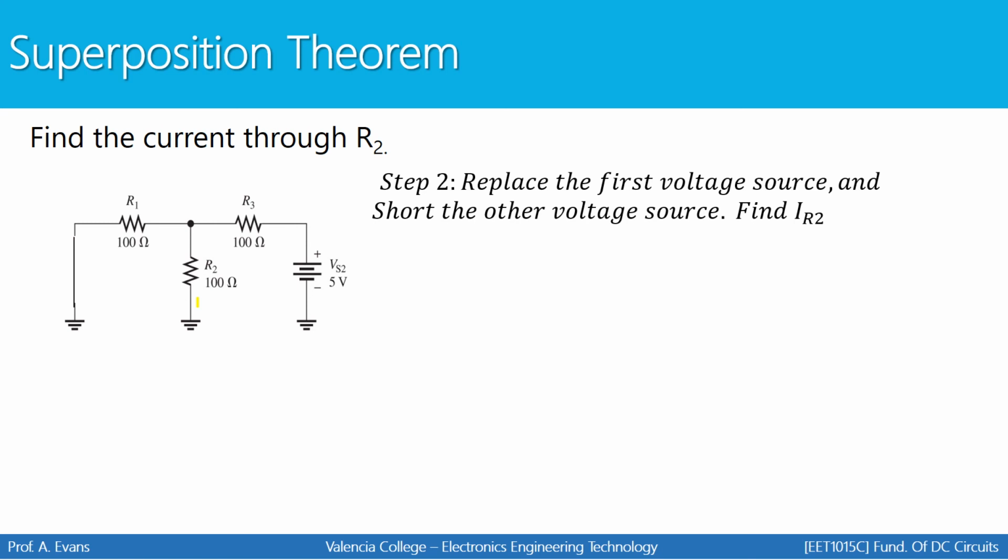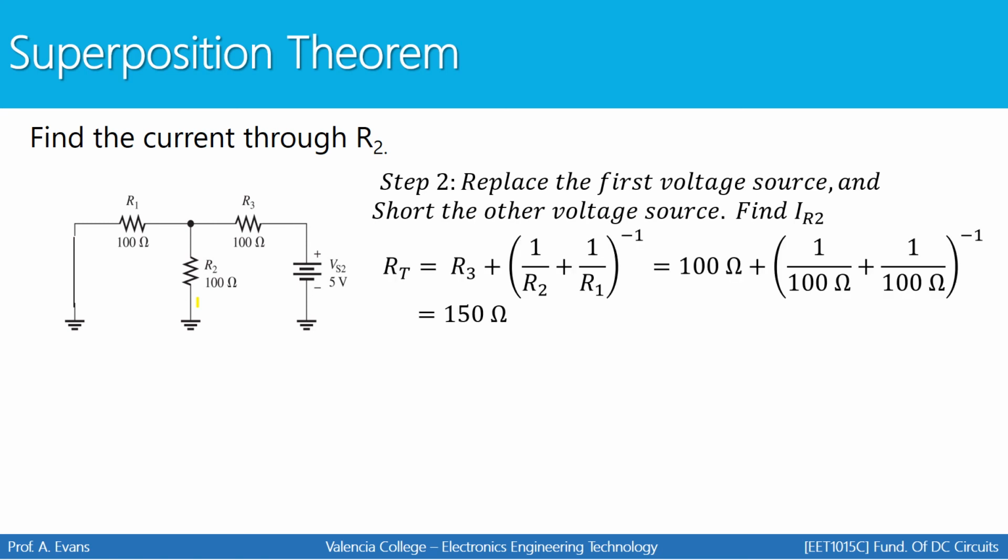In order to do that, I'm going to have to start with finding the total resistance of this circuit. Now keep in mind, the total resistance came out to be the exact same value, but that's coincidence only. That came out to be the same value because these are all the same value here. Notice that if I have replaced VS1 with a short and I bring back VS2, R1 and R2 are now what are in parallel.